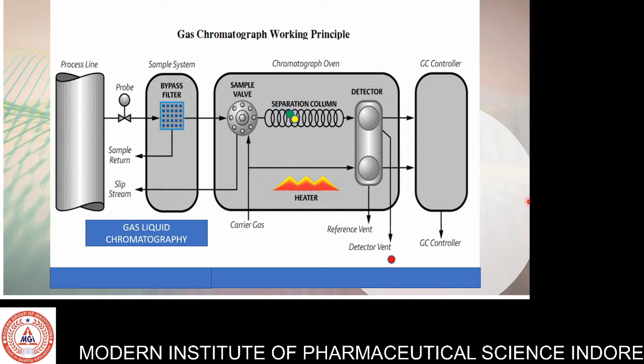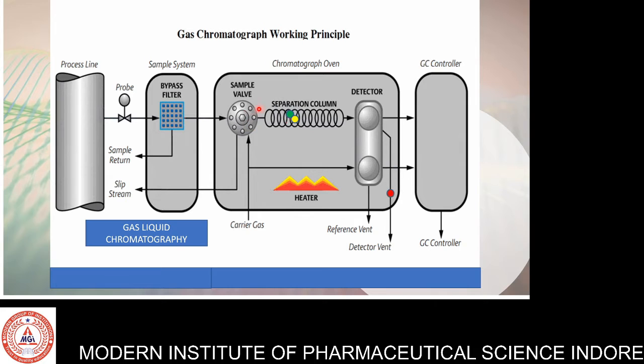First procedure is sample injection of valve. A small amount of liquid sample to be analyzed is drawn up into a syringe. The syringe needle is positioned in the hot injection port of the gas chromatograph and the sample is injected quickly.